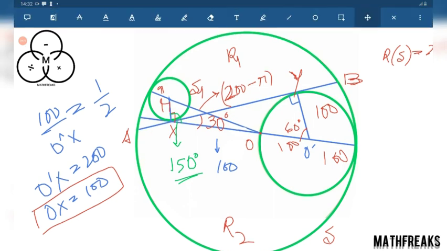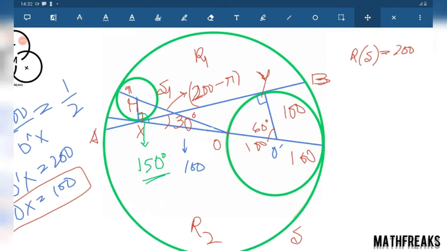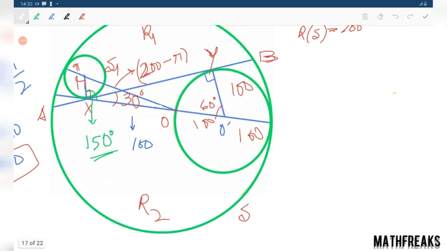This is 200 minus r, this is r, and this angle is 150 degree. Let us apply cos rule.